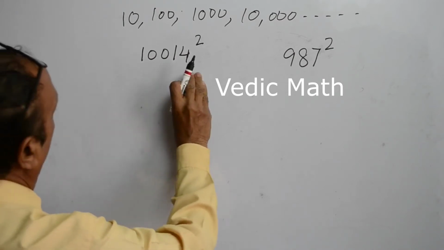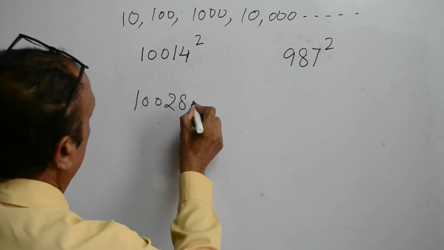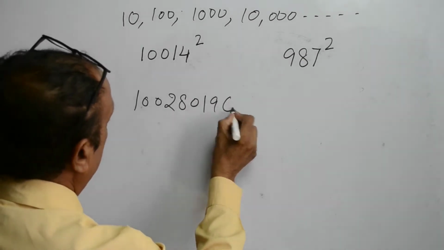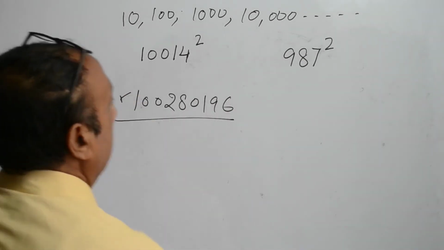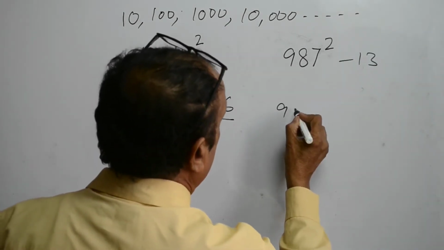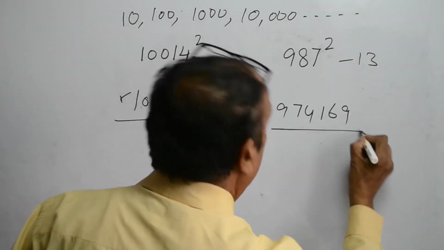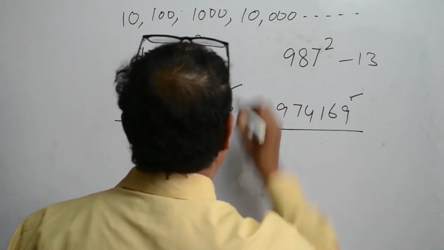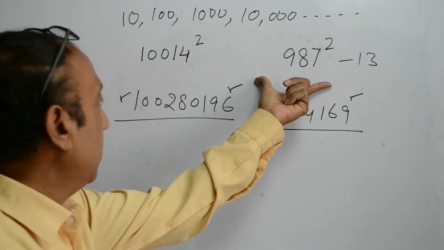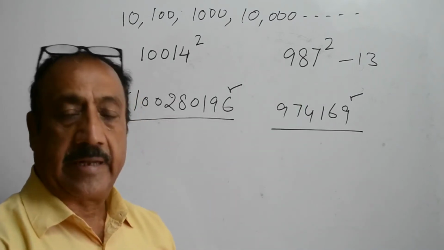The square of this number is 100,280,196. The square of this number will be 974,169. We can find out the square of such numbers with the help of mental math. How can it be done?